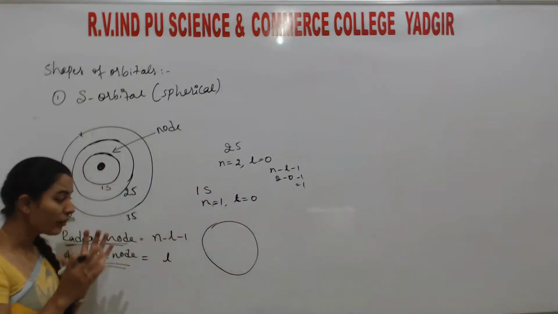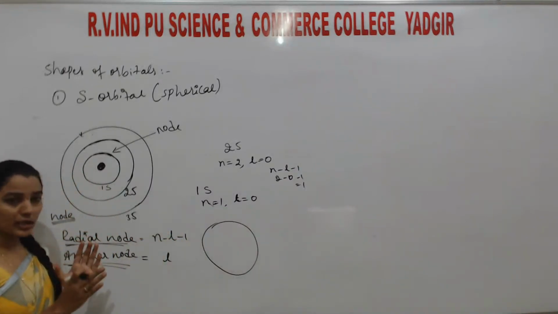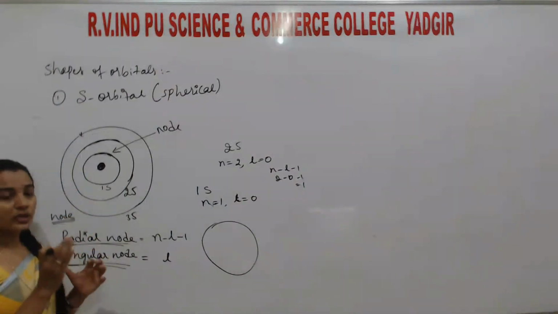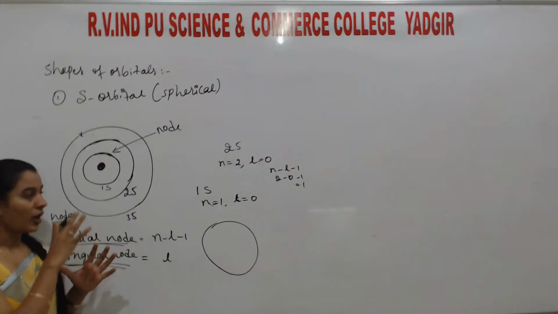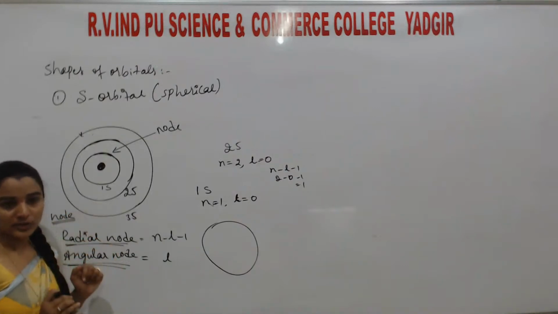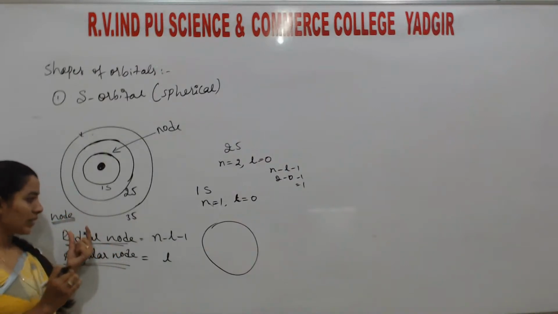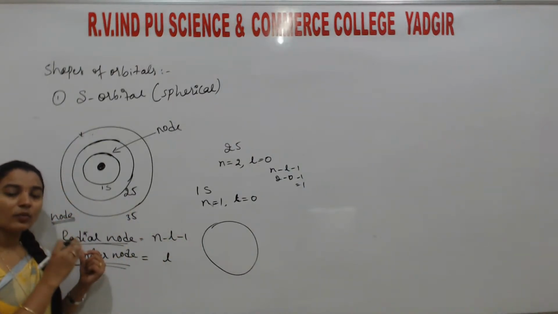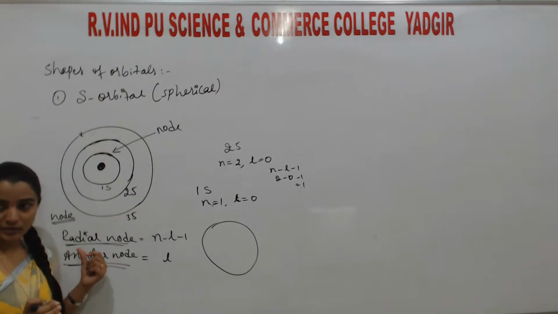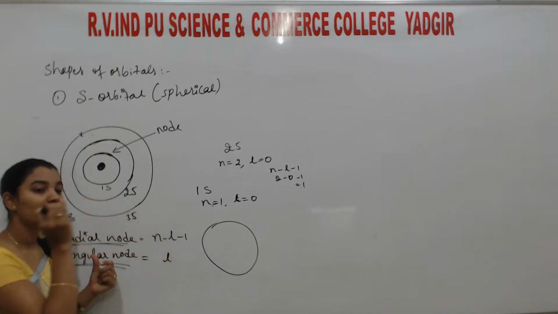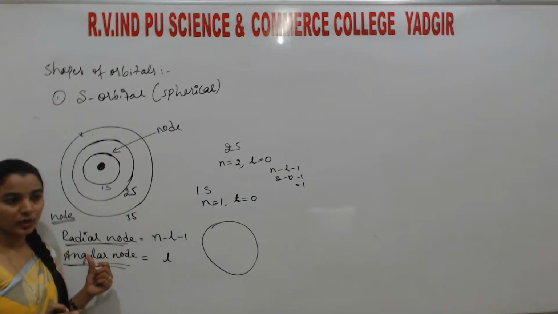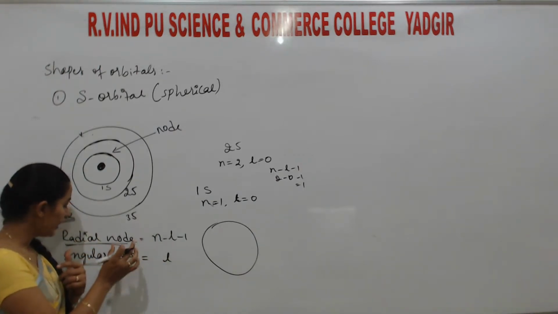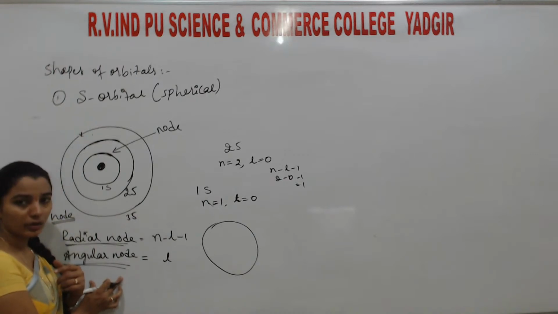Understood? So what you have to remember here: initially the shape of the s orbital is spherical. Orbital means where the electrons are present. In that, two types are there: one is called lobe, another one is node. Node is where the electron density is less. Lobe is where the electron density is more. In the node, two types are there: radial node and angular node.